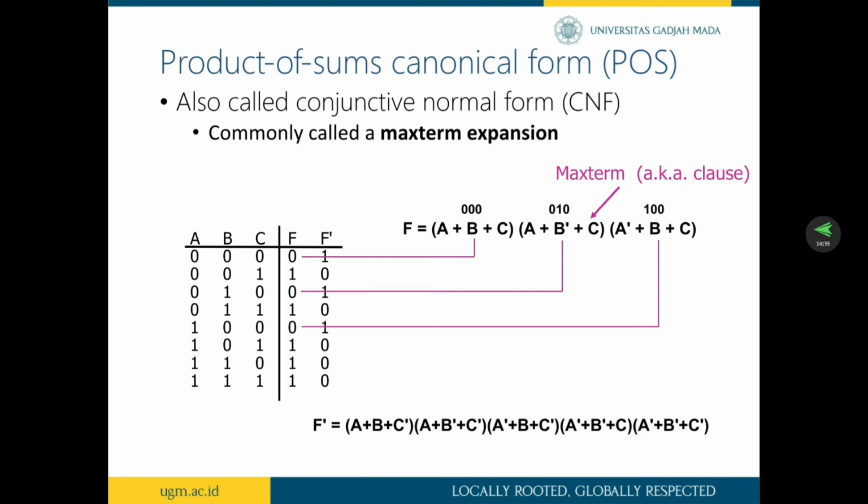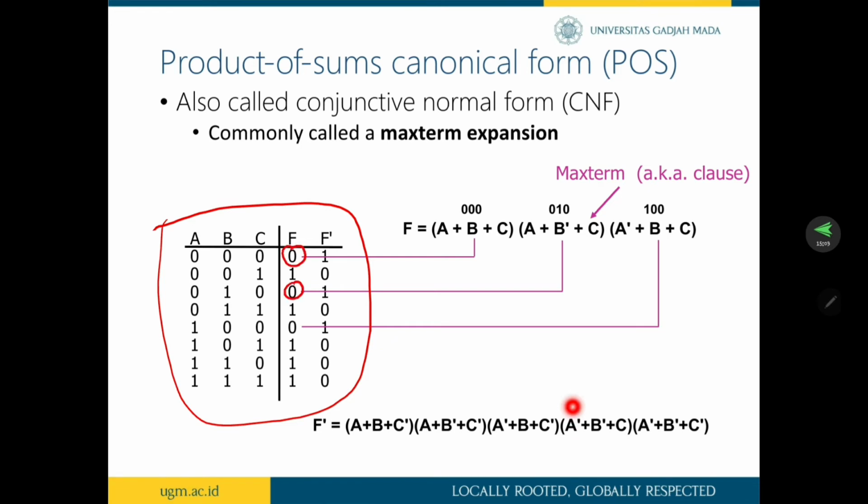And for the product of sum in canonical form, we can do Max theorem expansion as in sum of product. So, with the same truth table, we can write the product of sum if the output of F is 0. So we can write the Max theorem for every element.